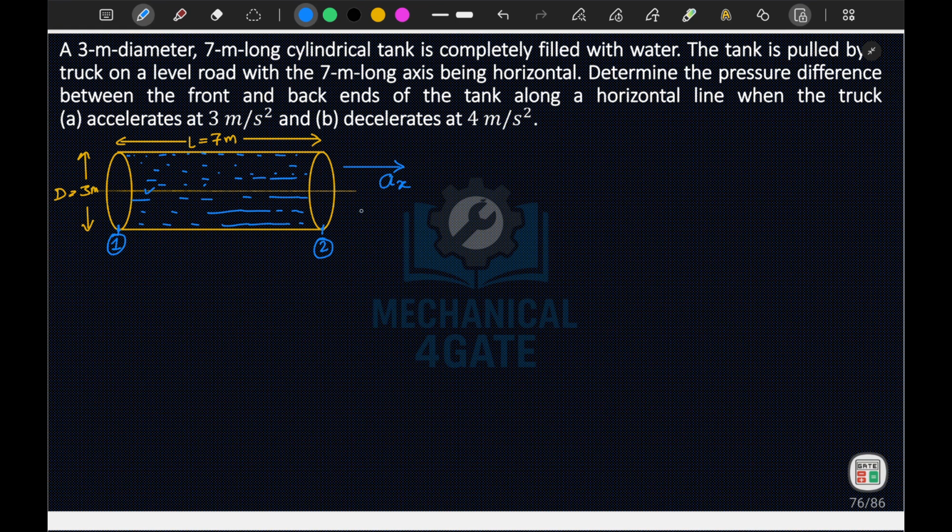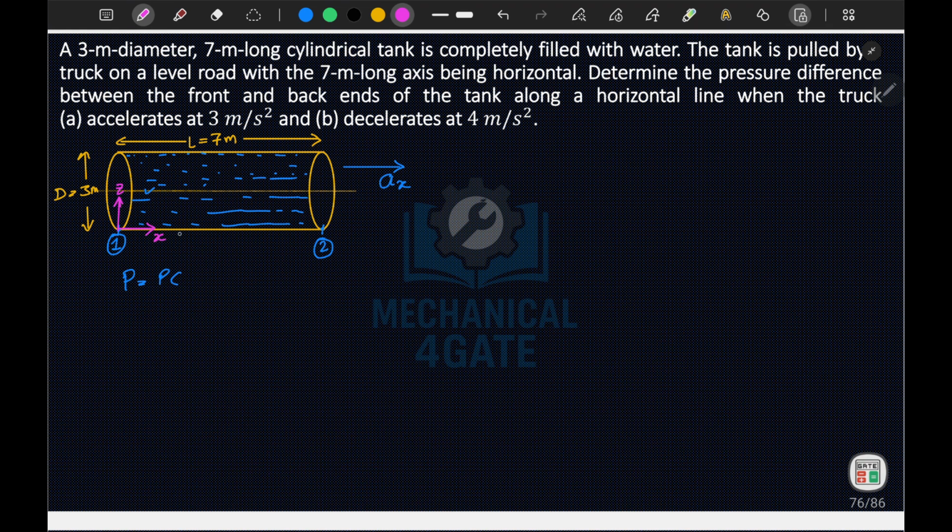Now we know that g is acting in the downward direction always. Even if I don't mention g, we can directly write it like this. Let's take the axis at this point, with this as the z axis and this as the x axis.